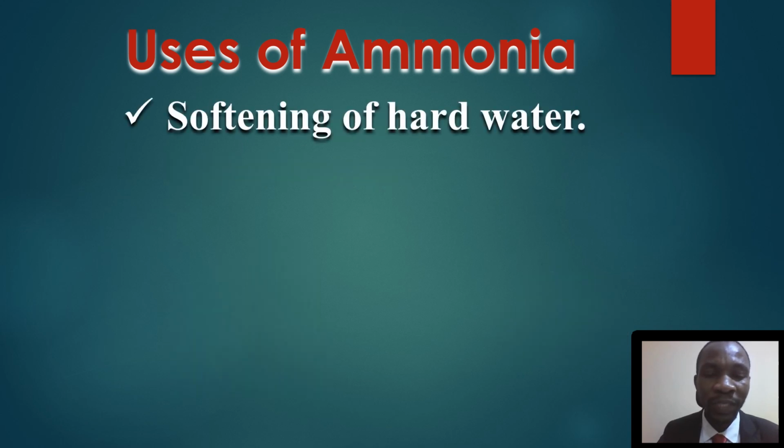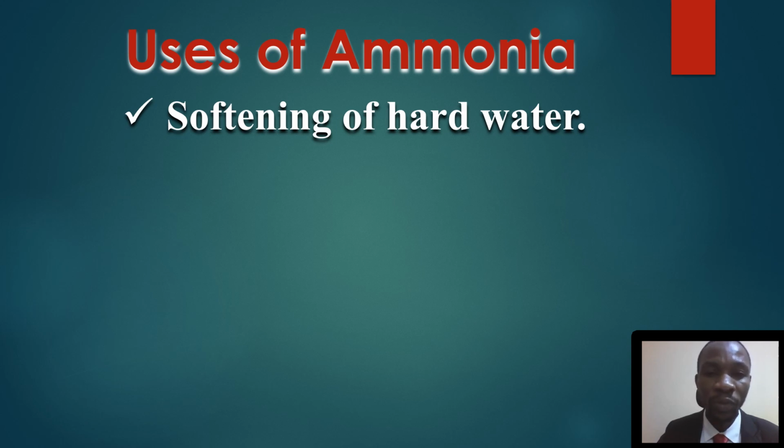Another use of ammonia is that it can be used in softening of hard water. Hard water is water that cannot lather easily with soap. If you go to places where the water contains calcium and magnesium ions, or soluble salts of calcium and magnesium, this water cannot lather with soap easily.